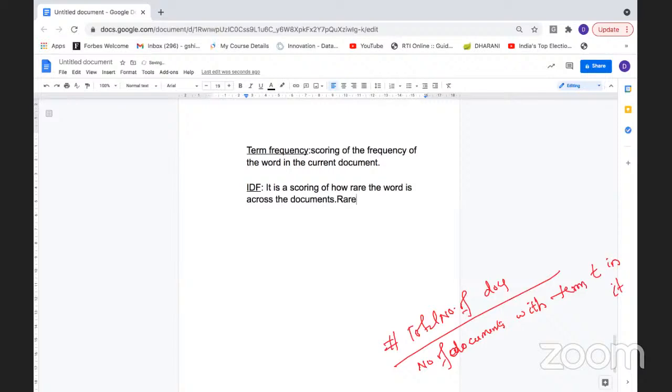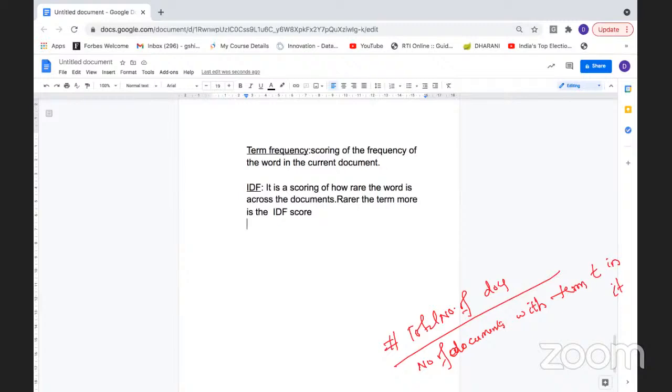So if it is rare, the more is the IDF score.